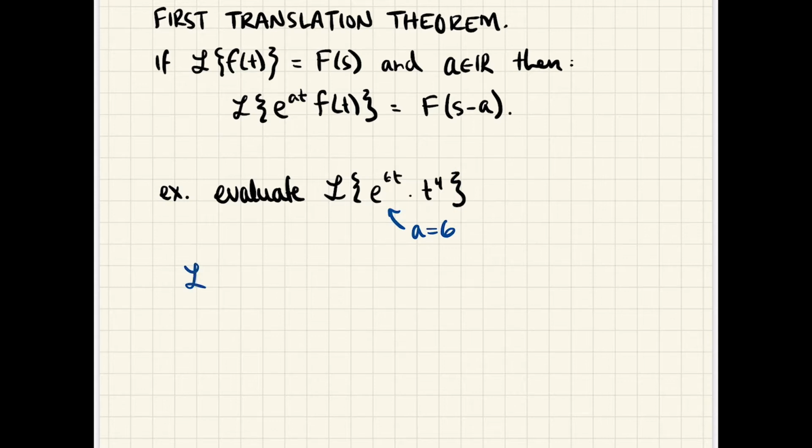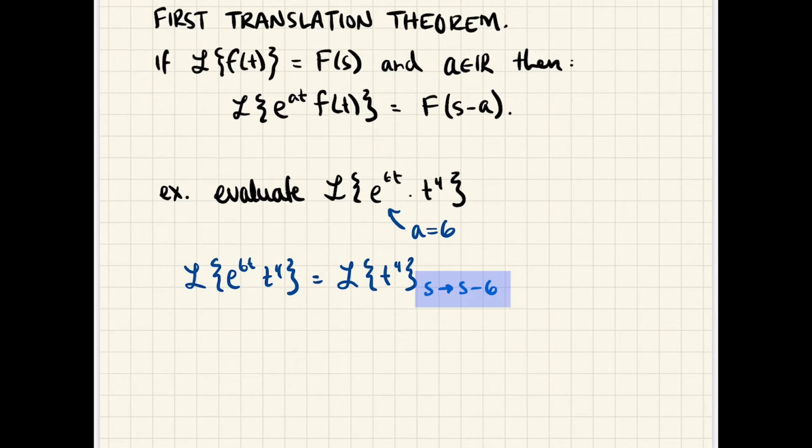So this is equal to the Laplace transform of t to the 4, and simply replacing s with s minus 6 in our final answer. This notation means work out this thing, and when you're done, replace s with s minus 6. Note this is not an equal sign, as that would not be correct, because s is not equal to s minus 6.